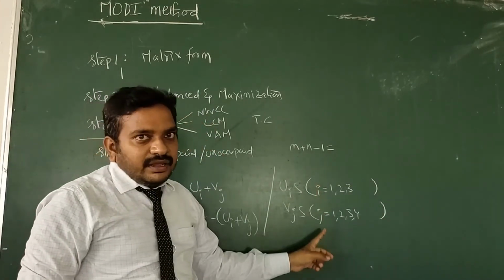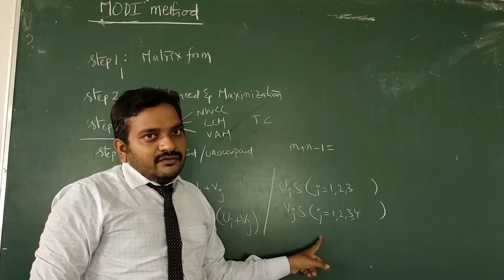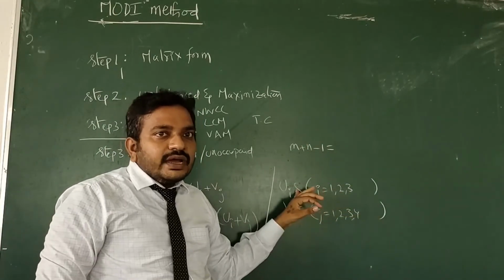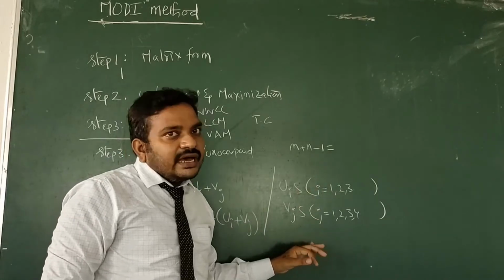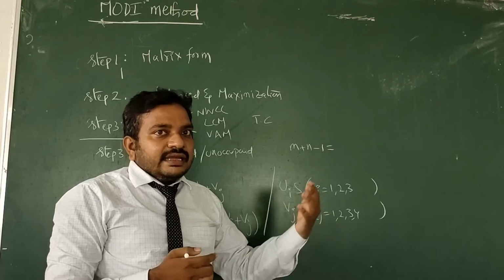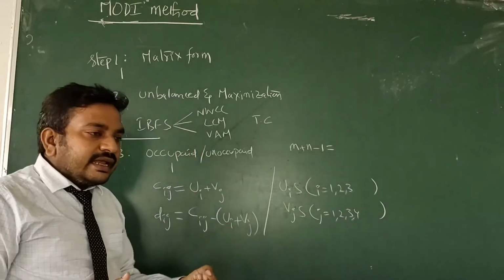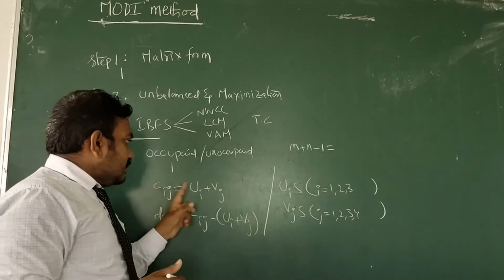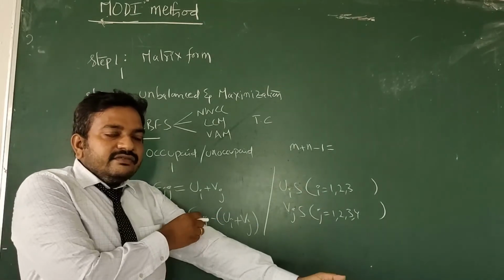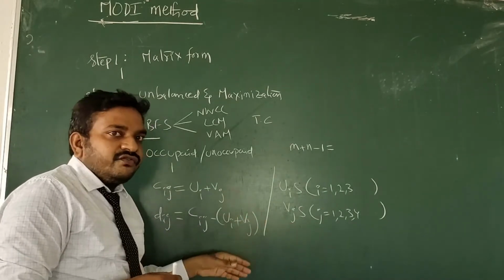For all the given cells in the table, these Ui and Vj values are calculated. How can we calculate them? Once you calculate one value, from there onwards arithmetically we can calculate all of them.